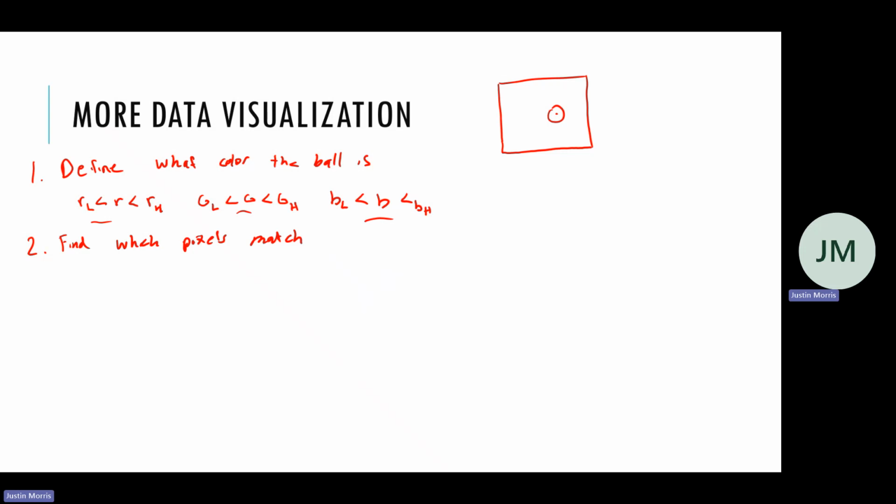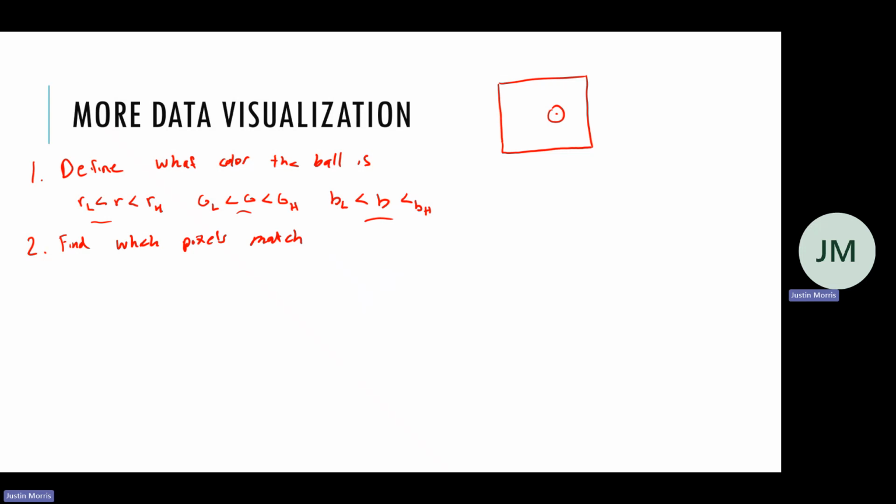So we are going to loop through them, figure out at this position, is red in this range, is green in this range, is blue in this range? And we can just make a new array, right? A 2D array that is the same size as the image part of the 3D array for the image.